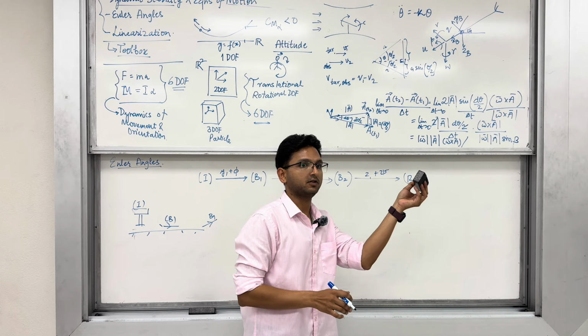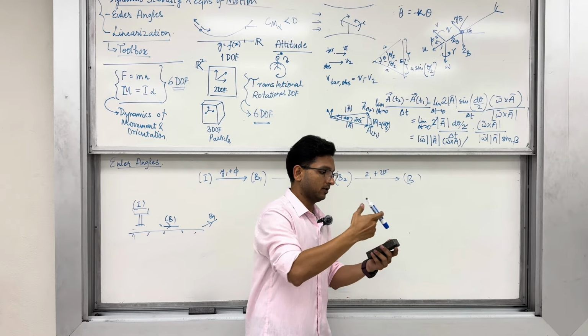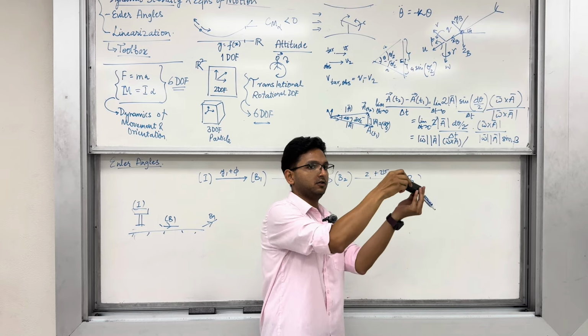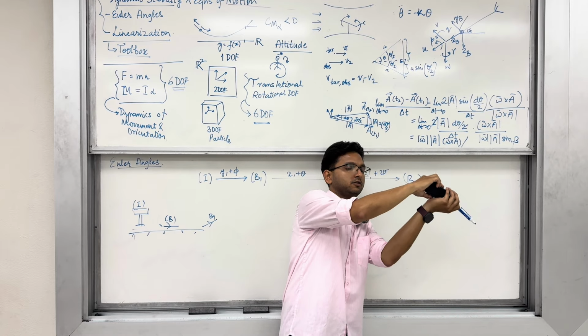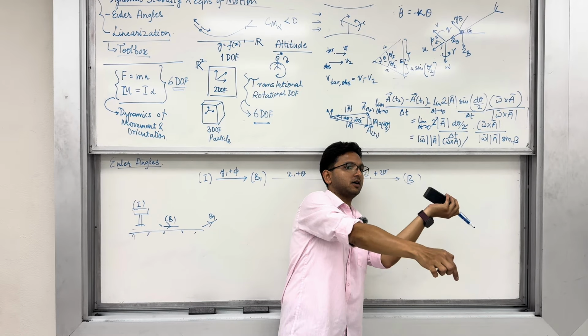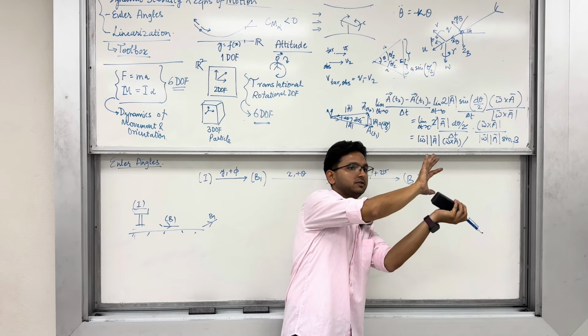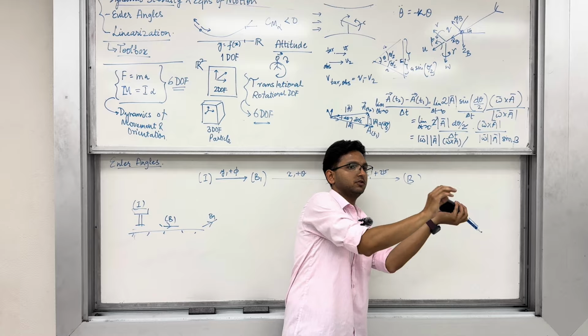Now, my aircraft is here like this. So now this is u, this is v, this is w, this is p, this is q and this is r.